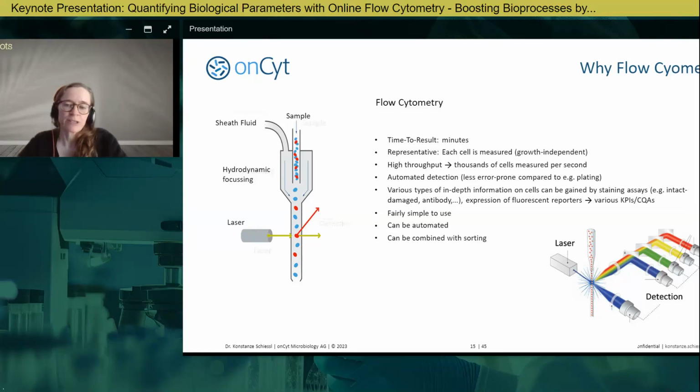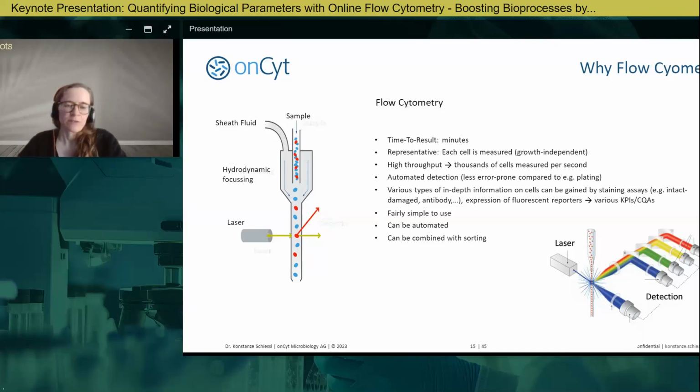And I want to explain a bit why, well, what is flow cytometry and why is it nice for these applications. So on the left, you see a schematic of how the measurement method works. So you load a sample, it's suspended in liquid. So you see here the blue and the red cells. And then a thing happens within the machine, which is called hydrodynamic focusing.